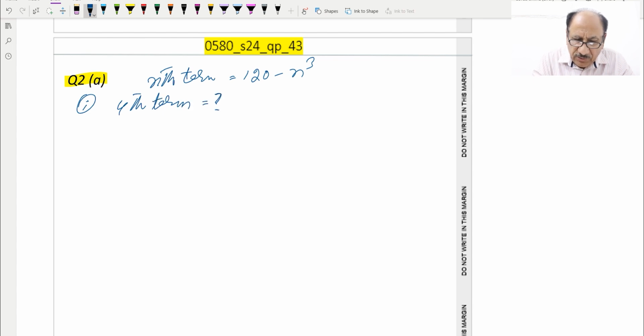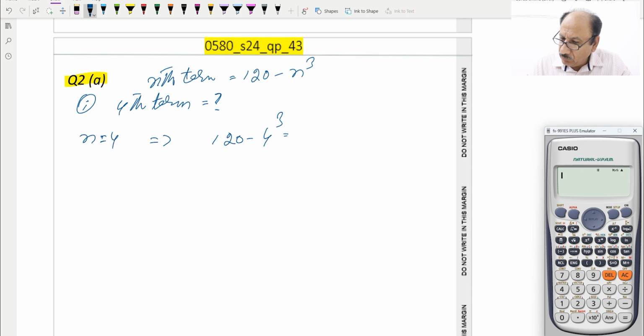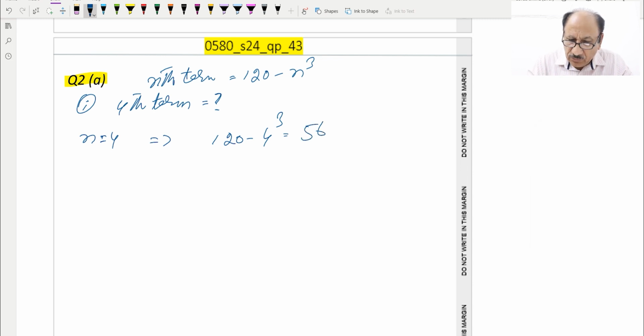So we'll just replace n is equal to 4 in the given formula, and we will get 120 minus 4 cube, which will be equal to 56. So 56 will be the answer, and this is a 1 mark answer which we have done.